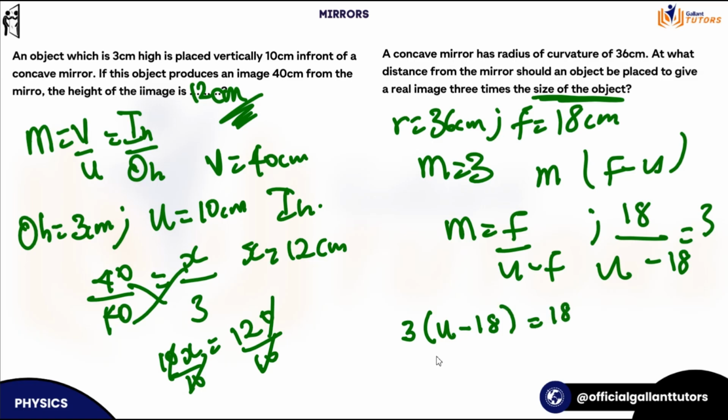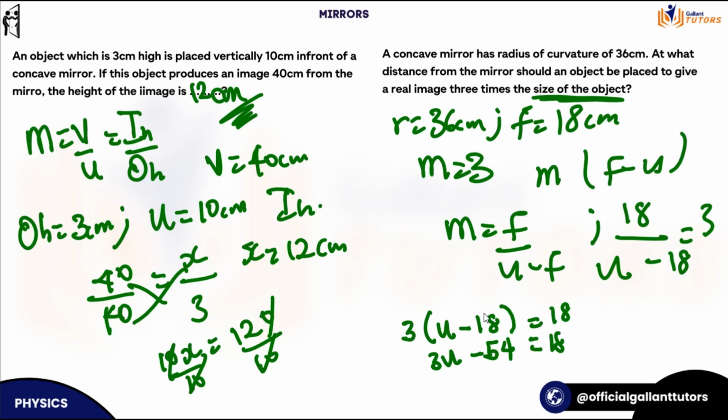Exactly. So you can say 3u, or you can go straight to any approach you actually want to go through. So you can actually go through, that is 3u minus, let me get my calculator. Okay, so 18 times 3, that's 54. That's minus 54 equals to 18.